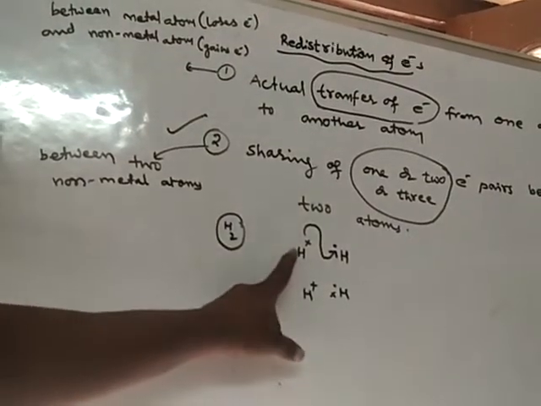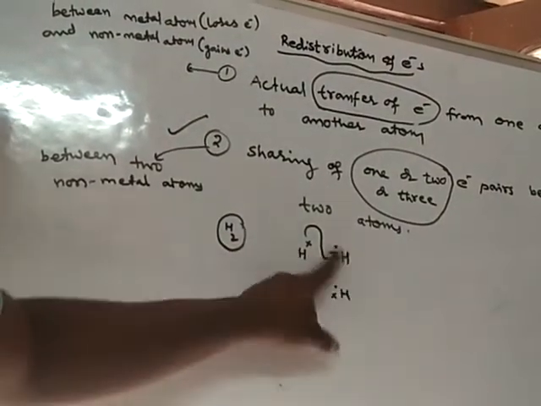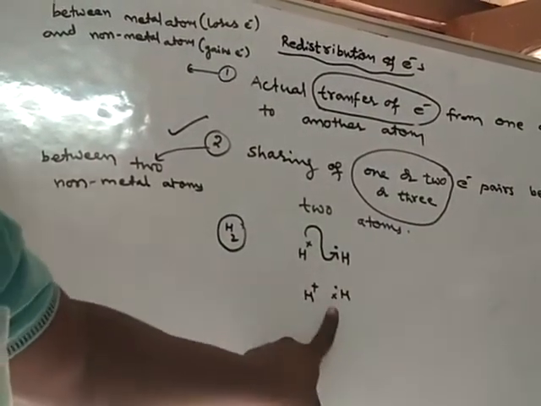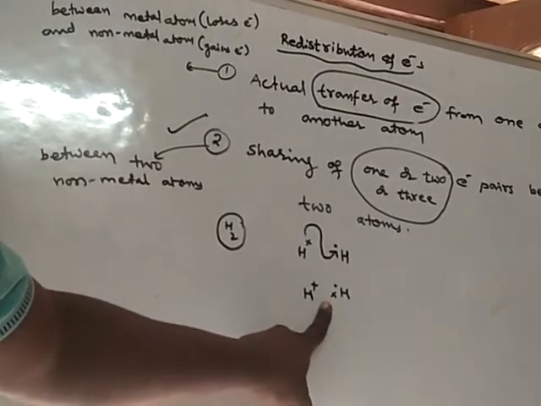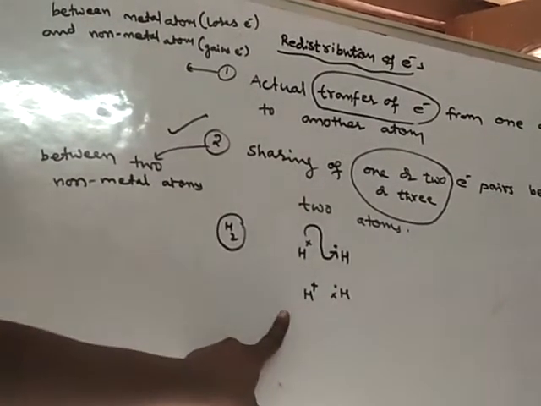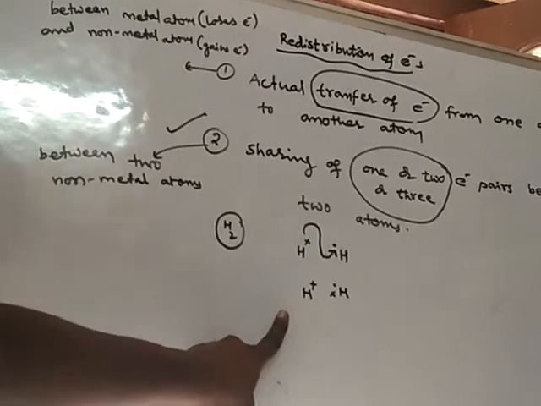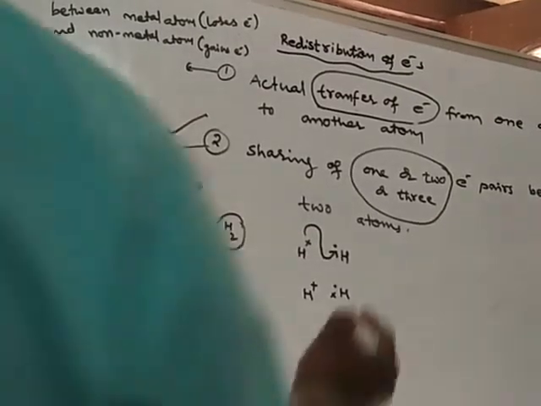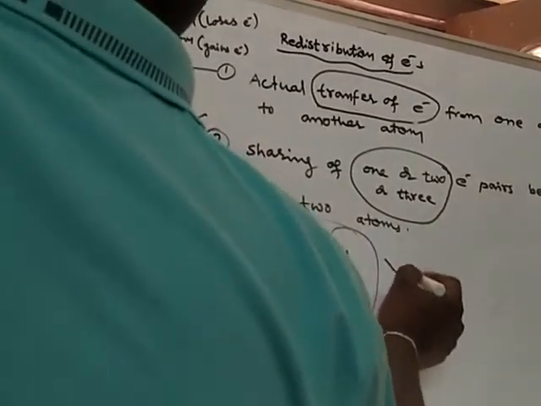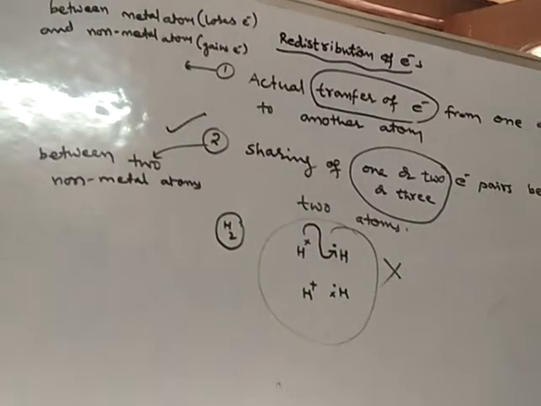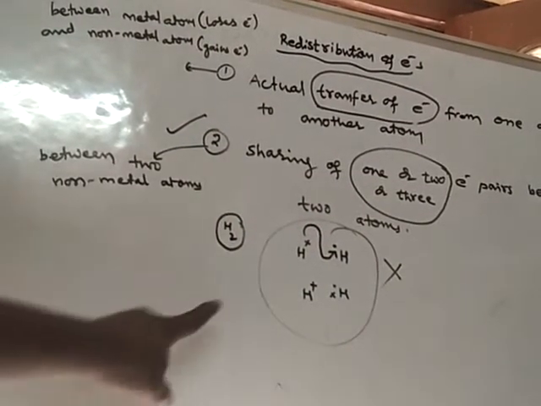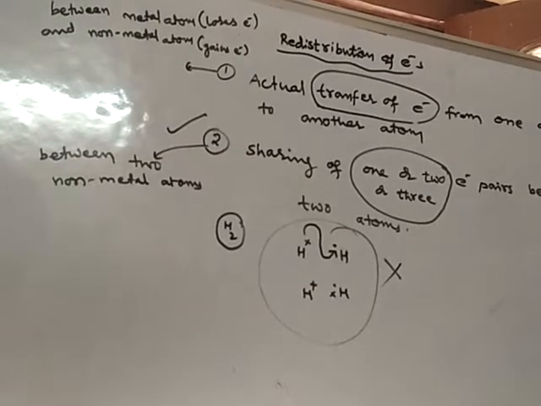Here only one atom is getting benefited, only one atom is becoming stable, whereas the other atom is not. Hence, this method of redistribution is not possible in hydrogen.